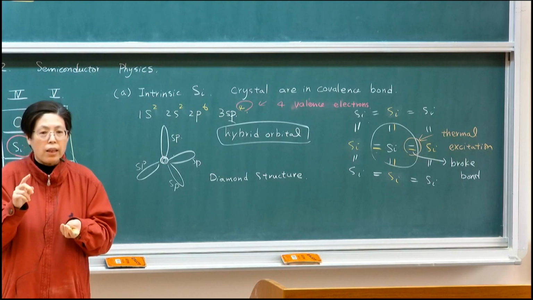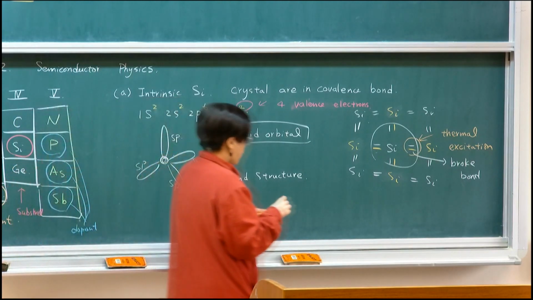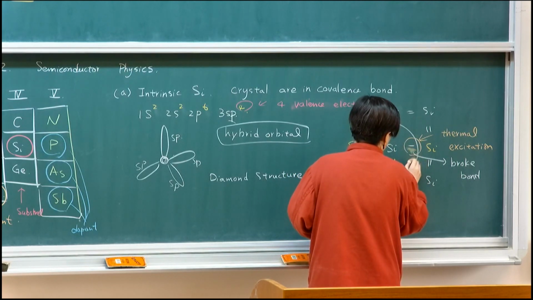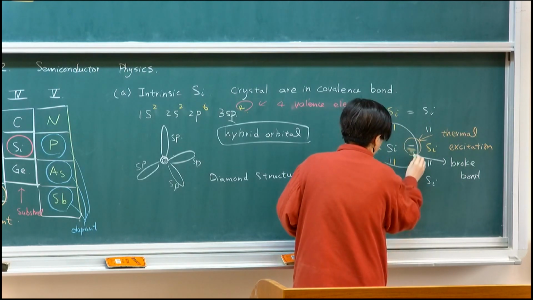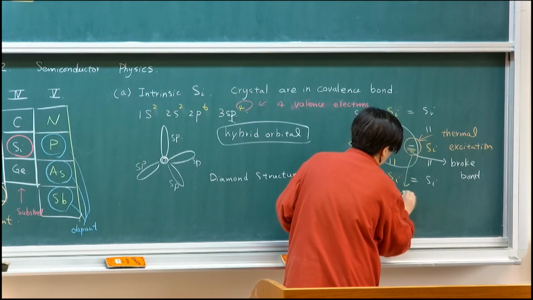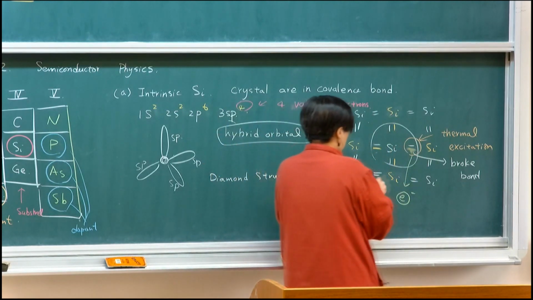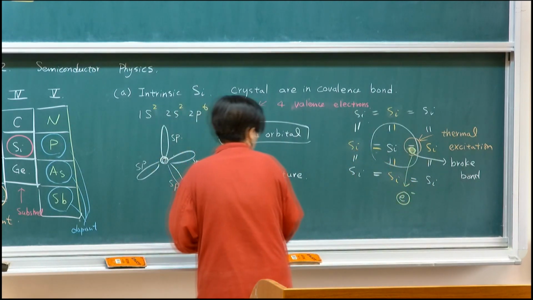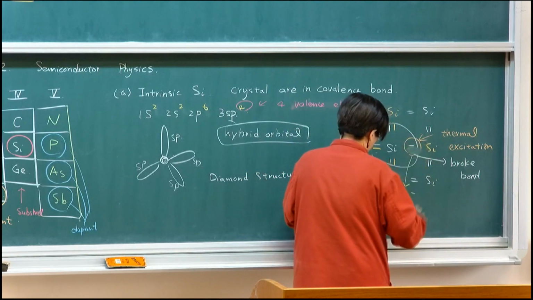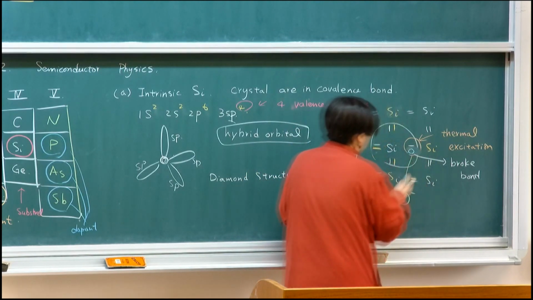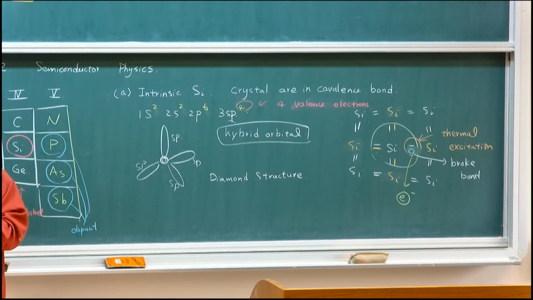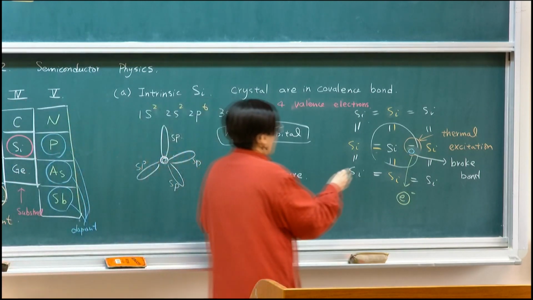So if one of the electrons stands up, it breaks the bond, and you would then have a free electron. And at the same time, you leave a seat. You consider a silicon crystal as a packed room. Every seat is taken. So if one of the electrons stands up, it would leave a hole.